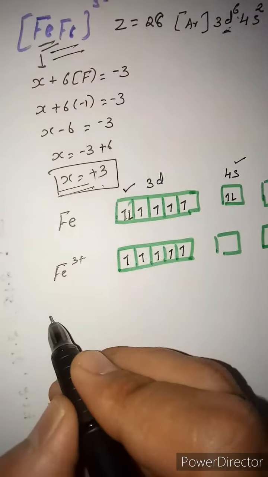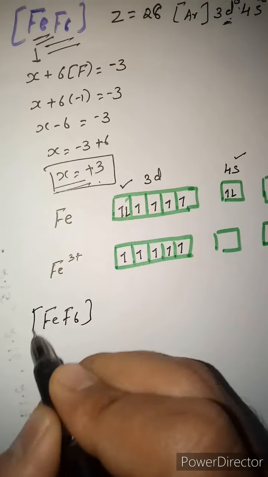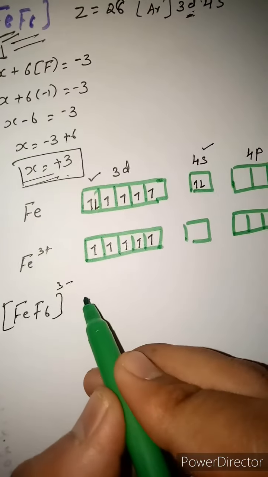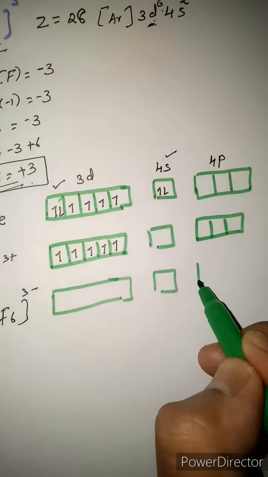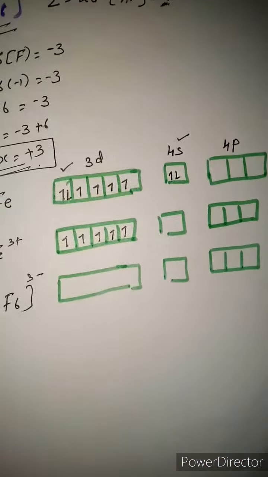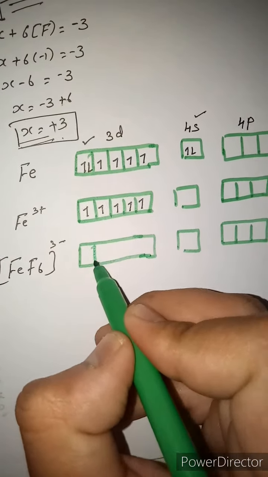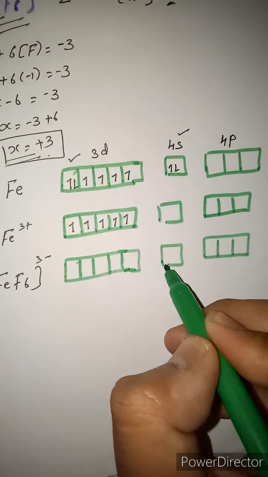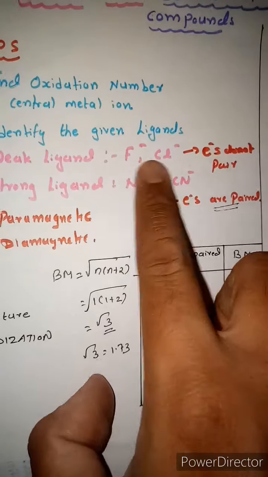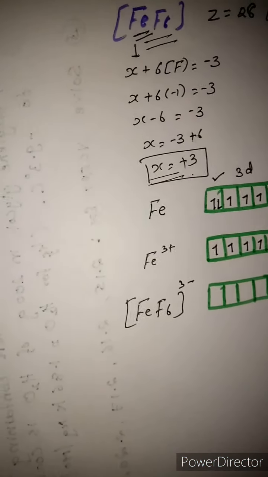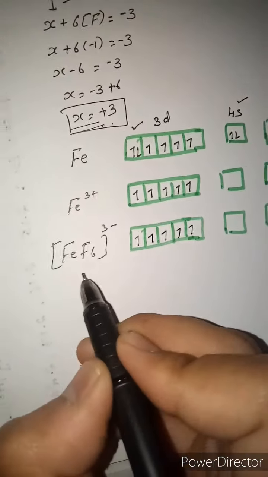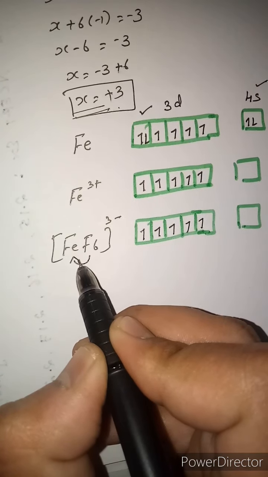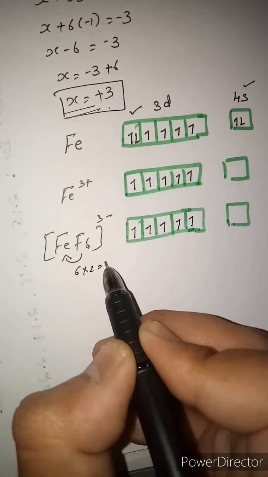Now take this whole FeF6 3 minus compound. F is a weak ligand, so electrons do not pair. So whatever remains here in the 3d orbital will remain as it is, and the F will give its electrons towards the central metal atom. So 6 multiplied by 2, that is 12.